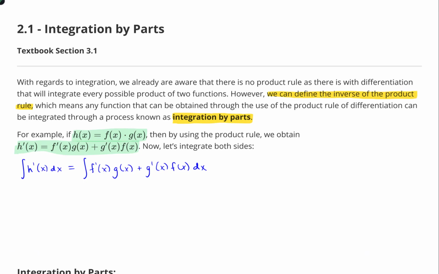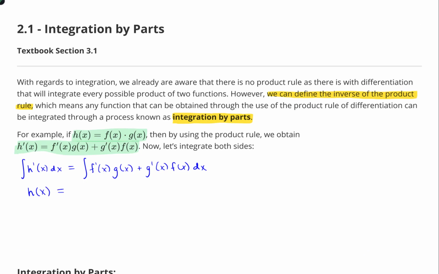So all I'm saying is if I have determined the derivative of this function through this process, then reversing and doing the integral of that result is okay. I can do that. Now, what will happen is when I integrate a derivative, then those processes cancel out, and I'm just left with the original function h of x.